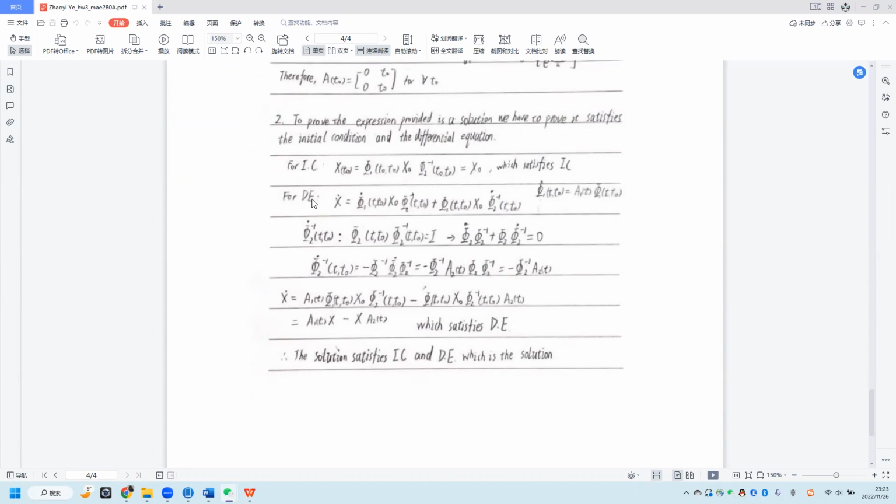For the differential equation part, we first differentiate X using the product rule, taking the derivative of phi1 and the derivative of phi2 inverse. The derivative of phi1 is equal to A1(t) phi1.